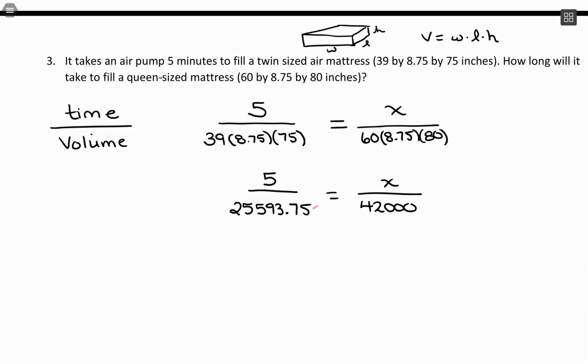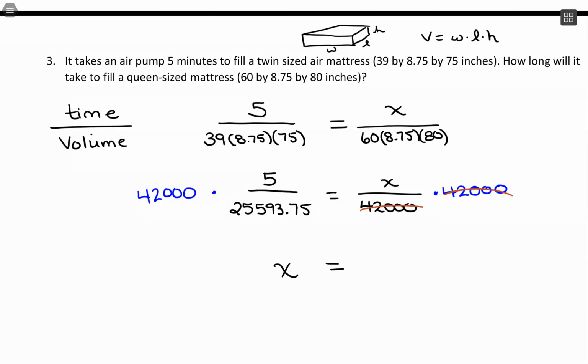So you can cross multiply and solve for x, but really we just need to move that 42,000 away from x. We like x in the numerator there. So I could just multiply both sides of the equation by 42,000. On the right-hand side, they'll cancel out, so all we have is x.